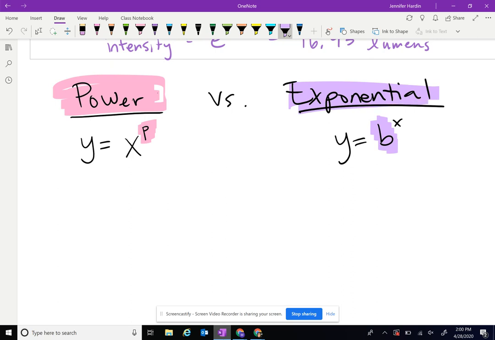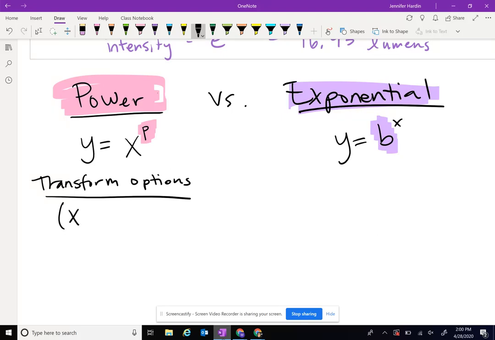Okay. So if you know the difference, how do you fix them? So our transform options here: keep x alone, raise y to the reciprocal power, or take its root. That would be the same thing.